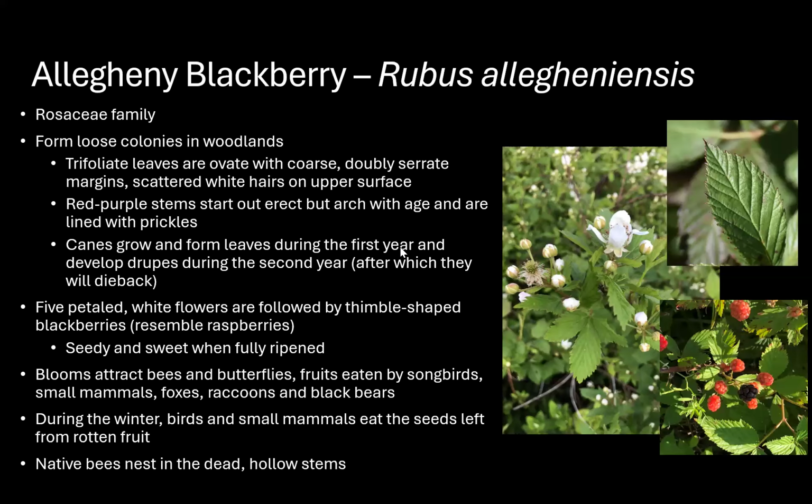If you want to leave those dead canes up, you can, because those dead canes serve as a shelter for our bees. So our native bees will actually nest in the dead hollow stems. So if you want to try to help our native pollinators, then that's something to keep up.